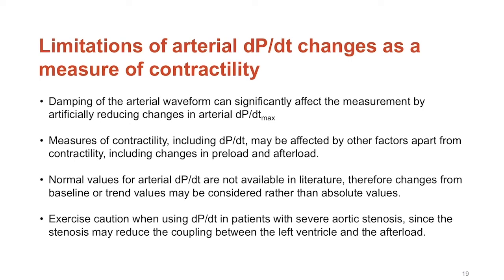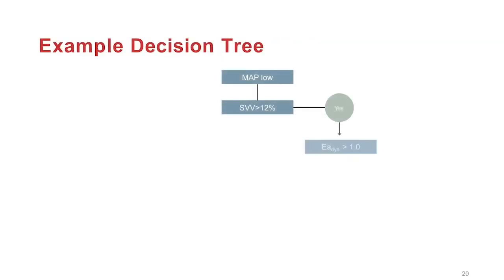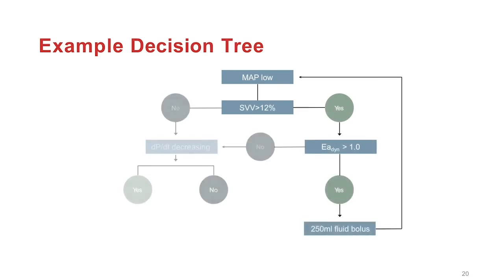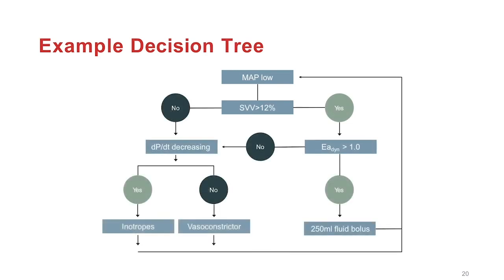The information that we have from all these dynamic parameters, from dP/dt, fluid responsiveness, and Ea dyn, can be used together to treat hypotension appropriately. If hypotension occurs, the first stage is to ascertain: is the individual fluid responsive, for example, by looking at stroke volume variation. If the individual is fluid responsive, the next thing we can look at is: is Ea dyn raised? Is it greater than 1, which is the optimal cutoff? If it is, that patient is a preload responder who, when we give them fluid, will also increase their blood pressure or their MAP in response to the intervention.